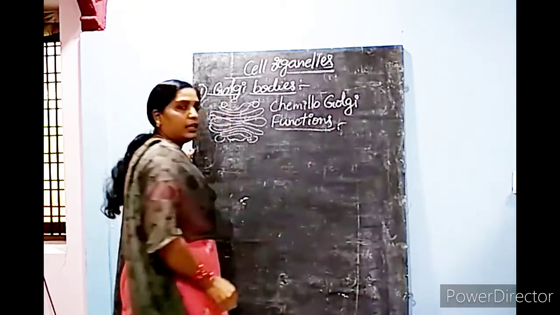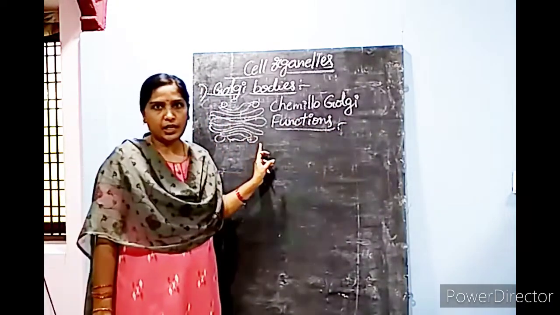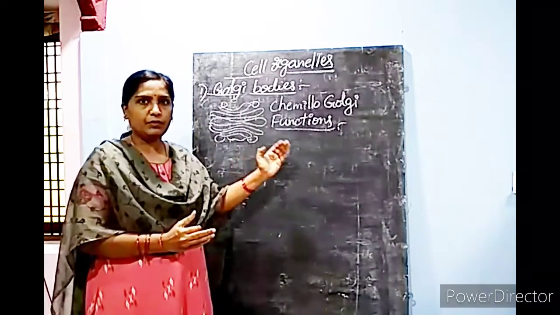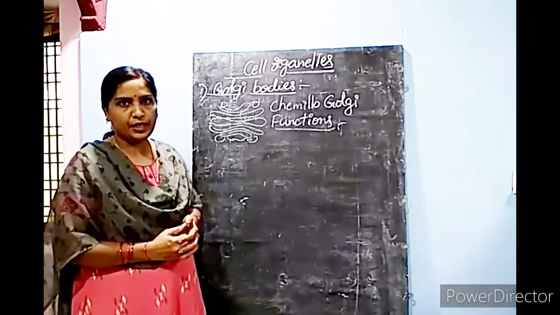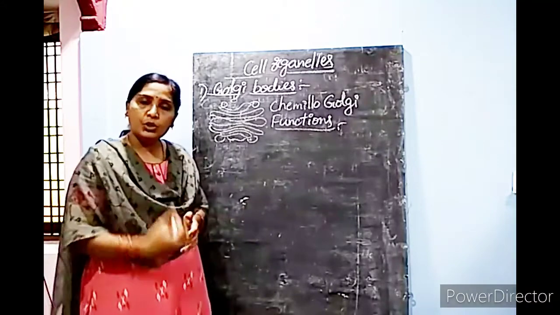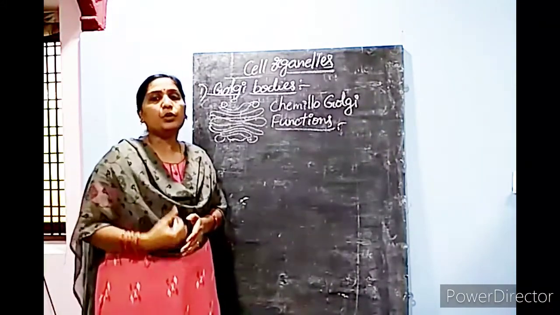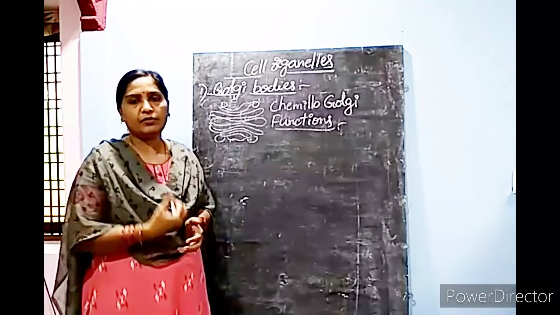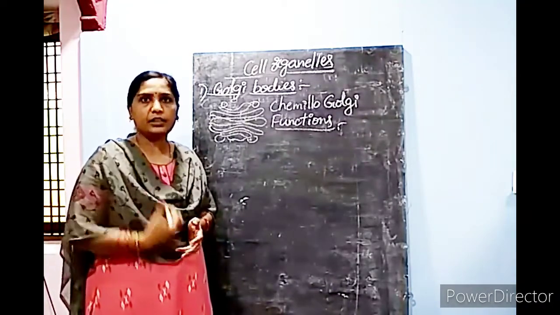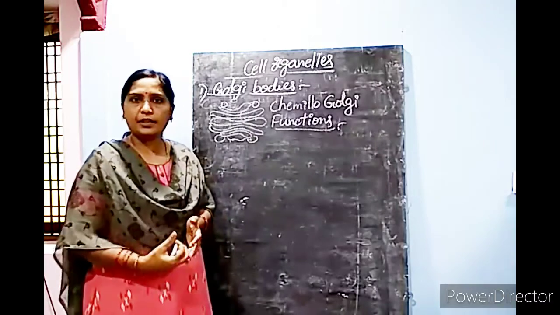It collects the materials from ER. So it's having connection with the nucleus and the cell membrane. In between it's floating. So it collects the materials from ER. Actually, the smooth ER, yesterday we discussed in our video, the smooth ER is synthesizing lipids and proteins.